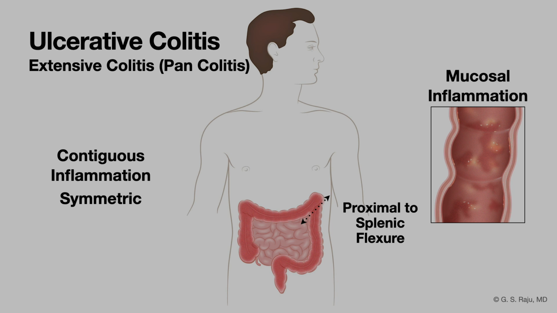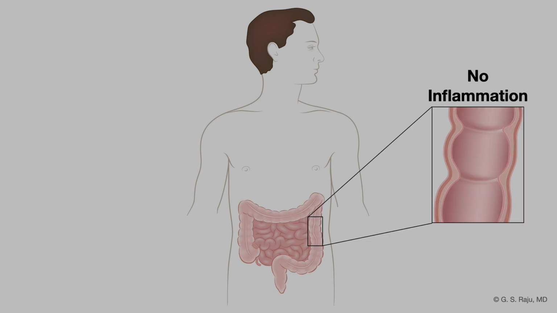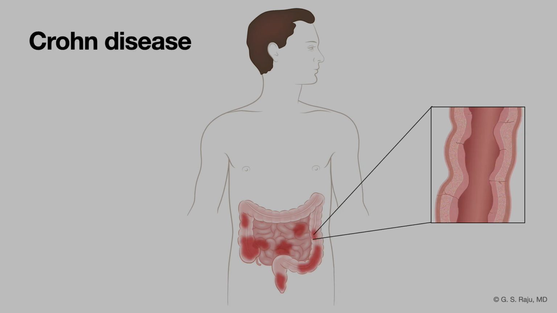Ulcerative colitis inflammation is continuous, contiguous, without leaving any gaps, and it is symmetrical inflammation in a circumferential manner. The reason I want you to keep this in mind is when you compare ulcerative colitis with Crohn's disease, you will see a lot of differences.